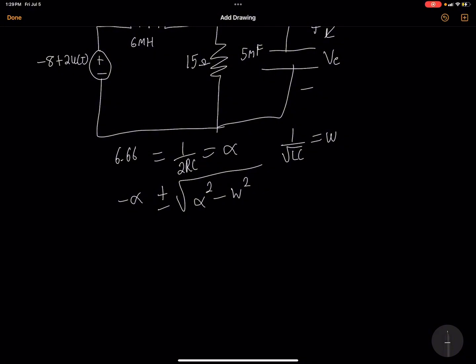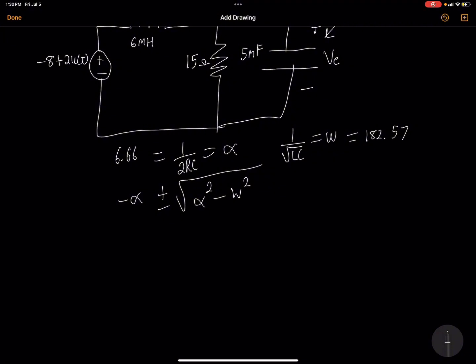And omega naught will be 6 times 10 raised to the -3 times 5 times 10 raised to the -3, square root of that number, 1 divided by that, 182.57.